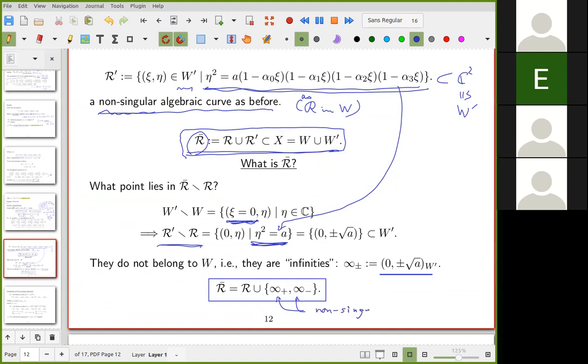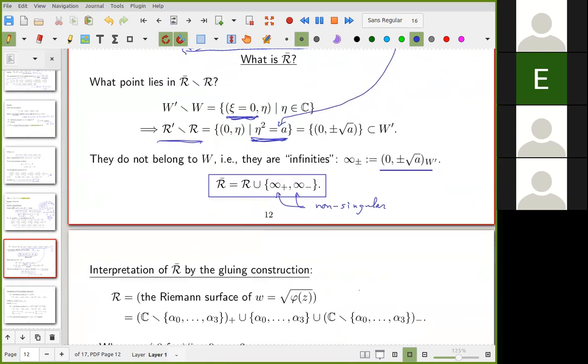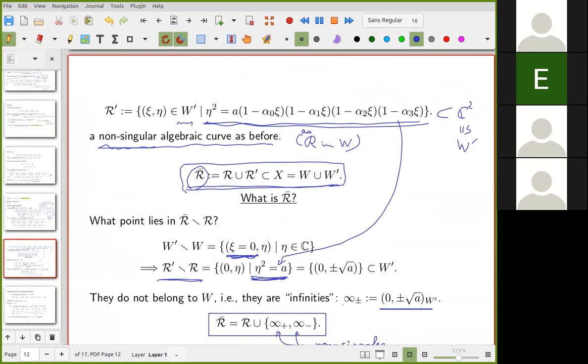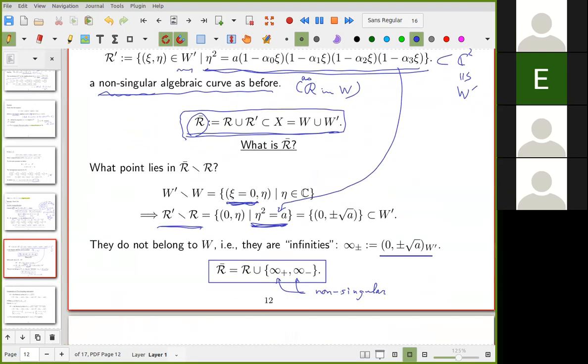Namely, we can take a local coordinate neighborhood around each of these points. And so we obtained a non-singular compact Riemann surface, or one-dimensional complex manifold.